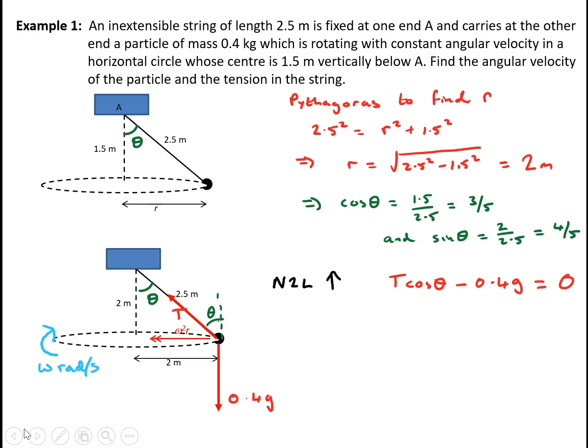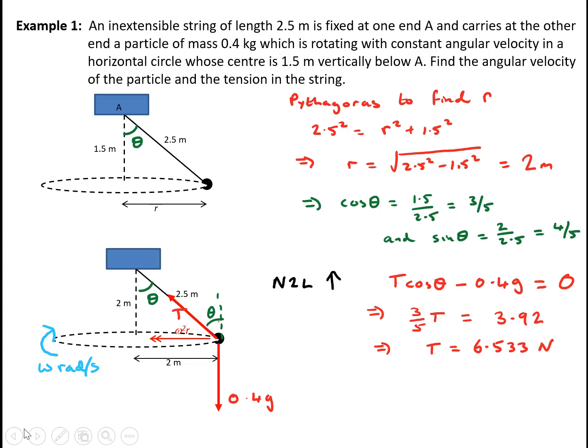So that gives me that 3/5 T minus 0.4 g equals naught. So 3/5 T must be 3.92 newtons. So T must be 6.53 newtons.